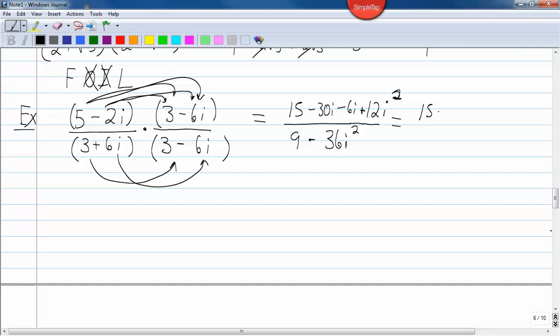So that's 15 minus 36i plus 12 times negative 1, over 9 minus 36 times negative 1. Let's see what this gives us.